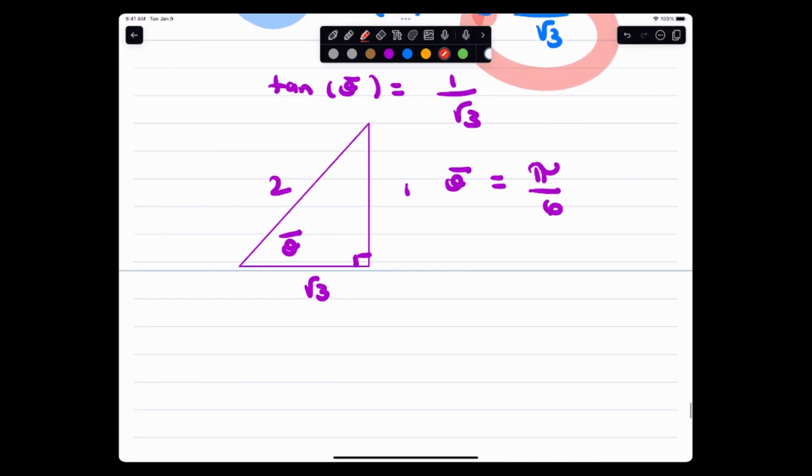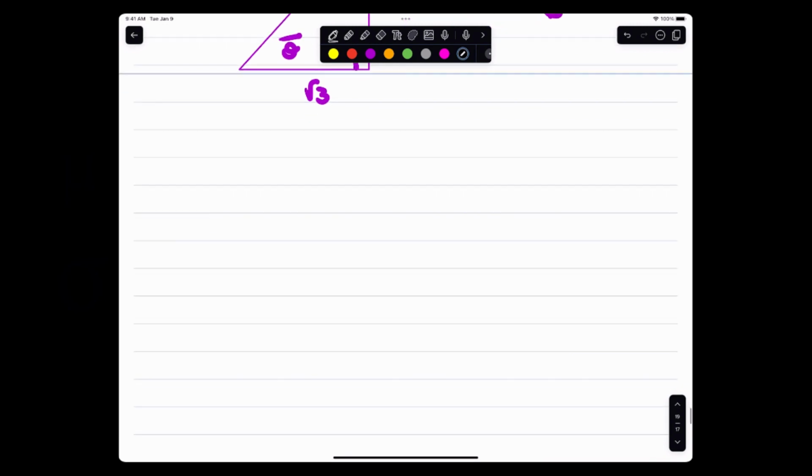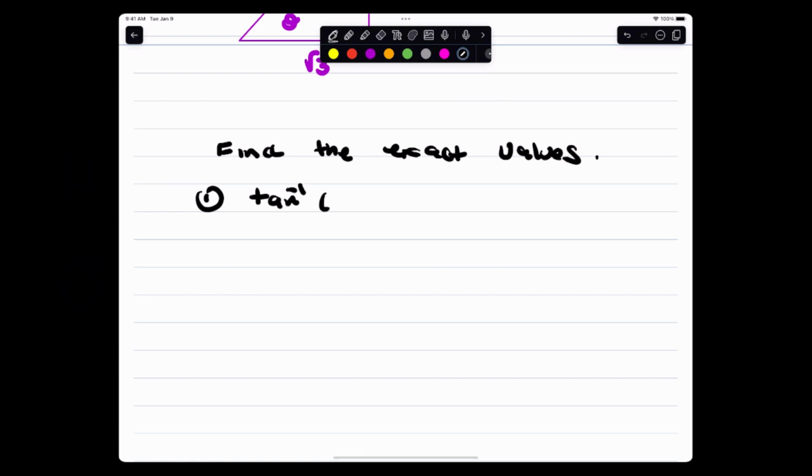So, ladies and gentlemen, I'm going to have you guys try some yourself, okay? Find the exact values. Now that you guys know how to do these things, right? Inverse tangent of 0.